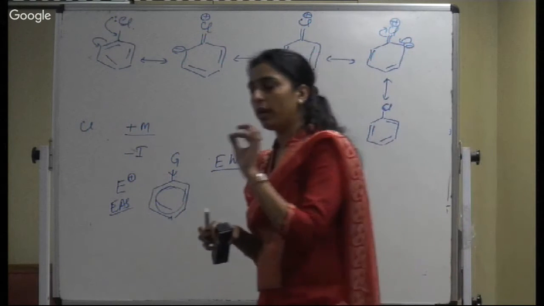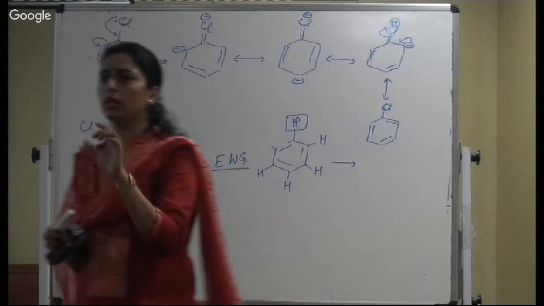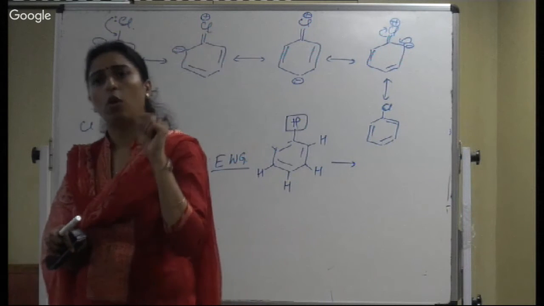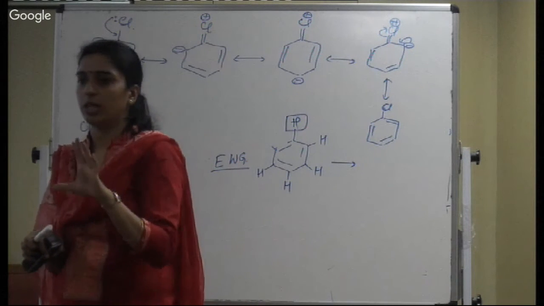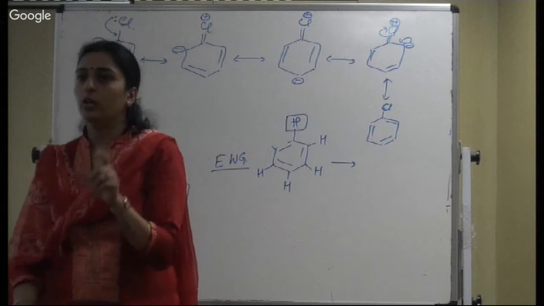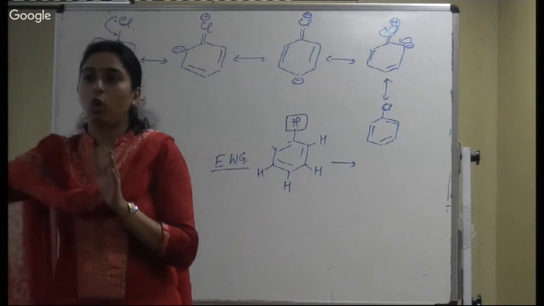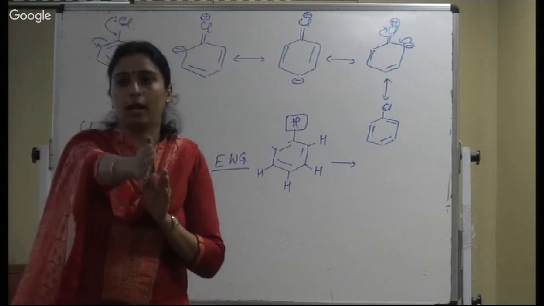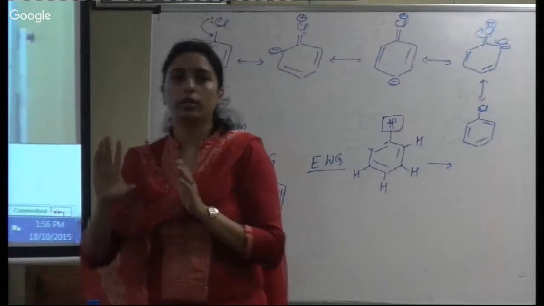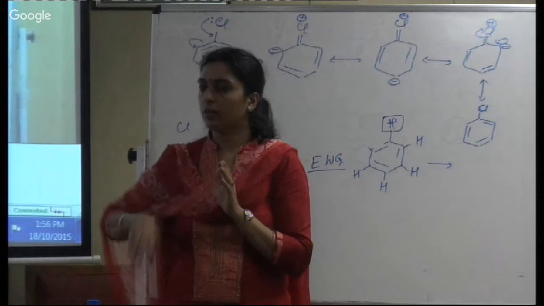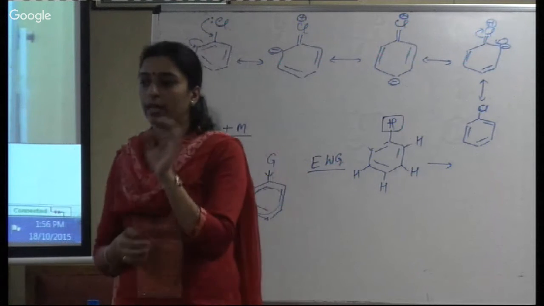Remember, this is the one bottom line for all electrophilic aromatic substitution, for all reactions, whatever the functionality. Any group will show its effect at its ortho and at its para mainly, no matter what the effect is. Please listen to my statement carefully.